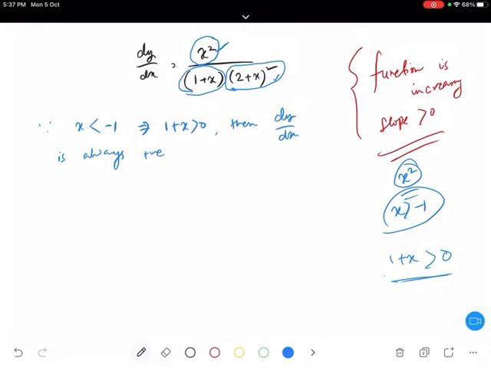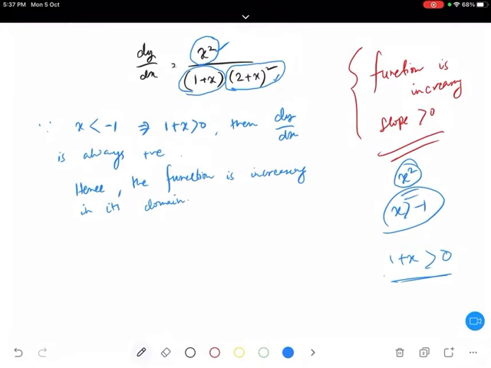So dy dx is always positive. Hence the function is increasing in its domain.